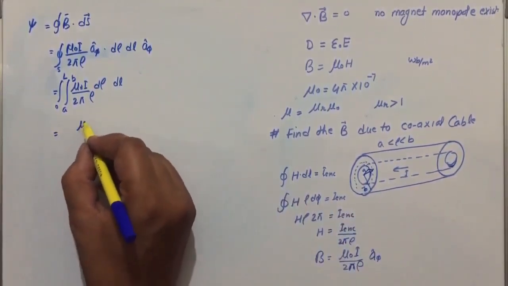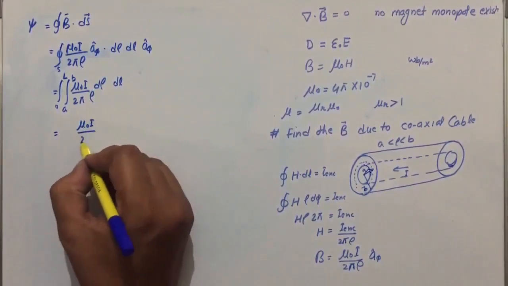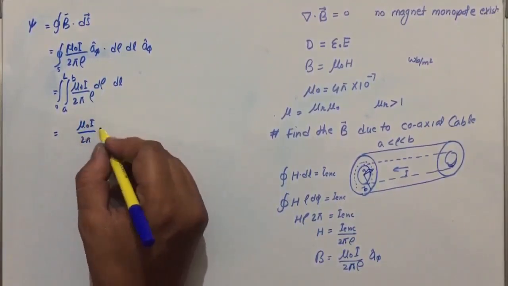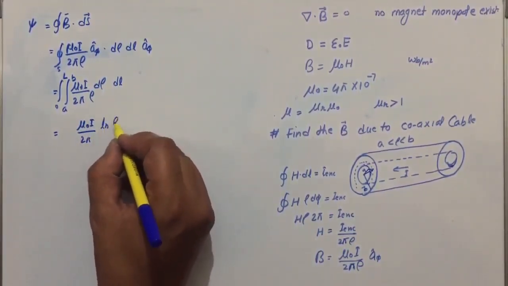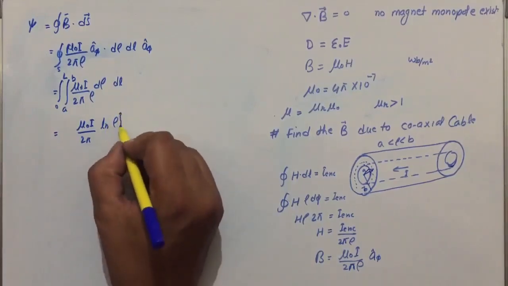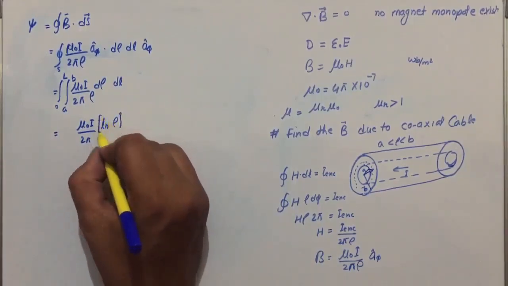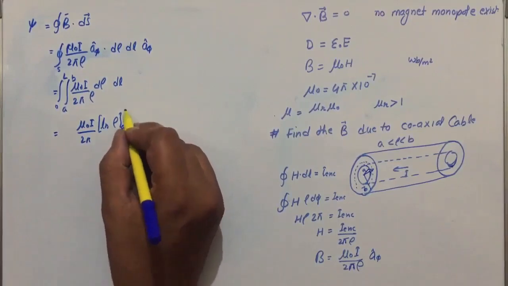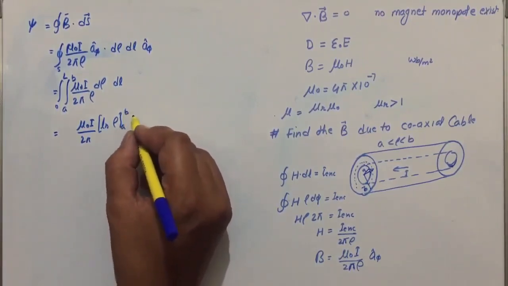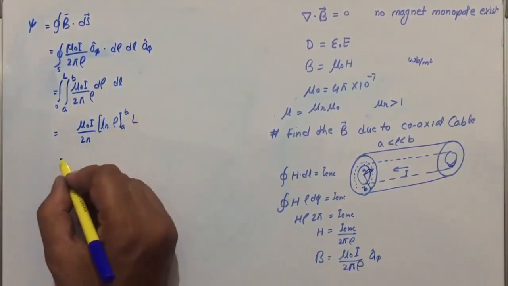So mu naught I divided by 2 pi, d rho by rho gives log rho, where rho is varying from A to B, and dl gives the total length.